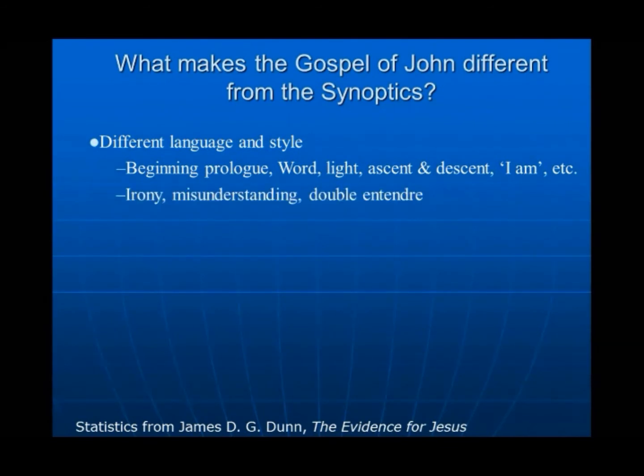There's irony, misunderstanding, double entendre. Anybody know what that is? Stuff that has 2 meanings. The Gospel of John seems to like presenting Jesus interacting with other people in this way. Jesus will say something, the person will understand it one of the 2 ways it could be understood.